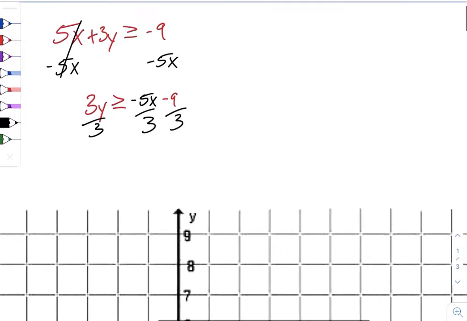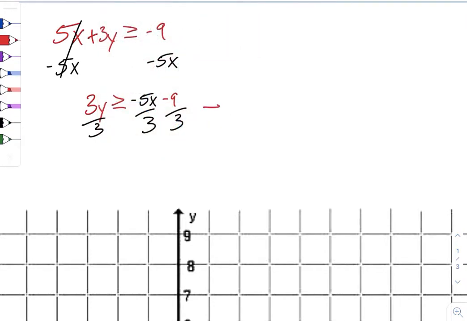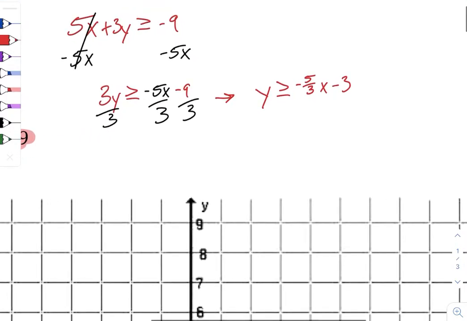Right, and then that's going to give me just 1y instead of 3y. So I get y is greater than or equal to -5/3 x minus 3. All right, so you just got to be careful here.